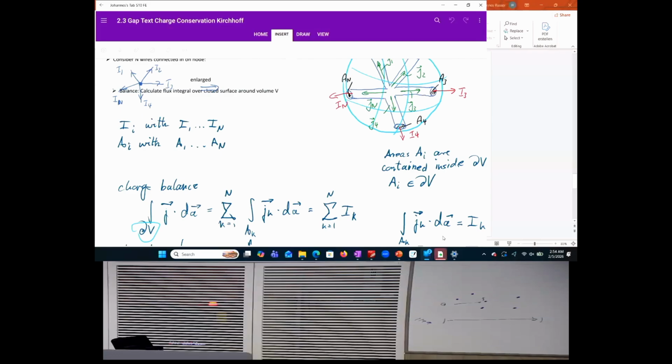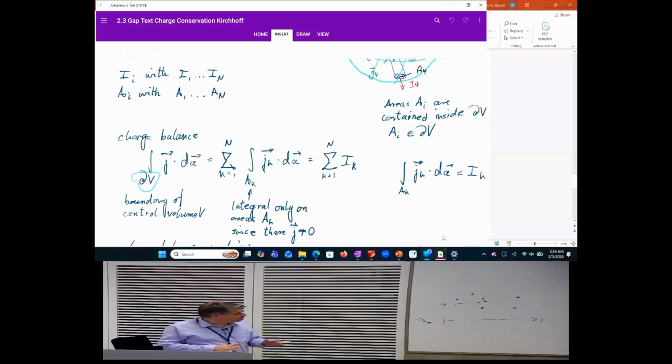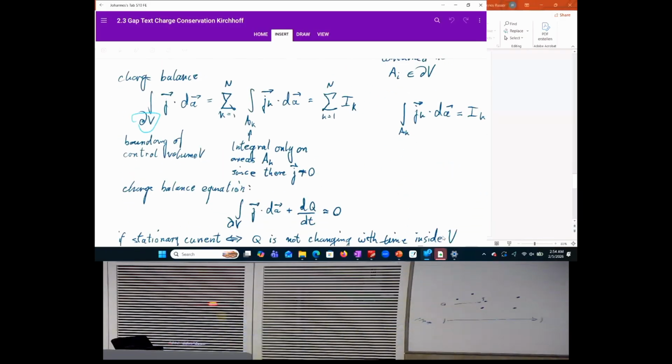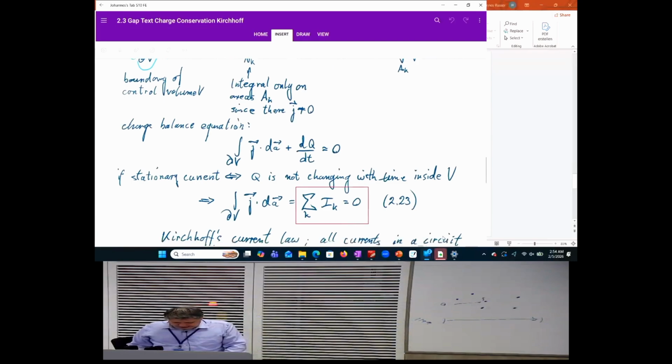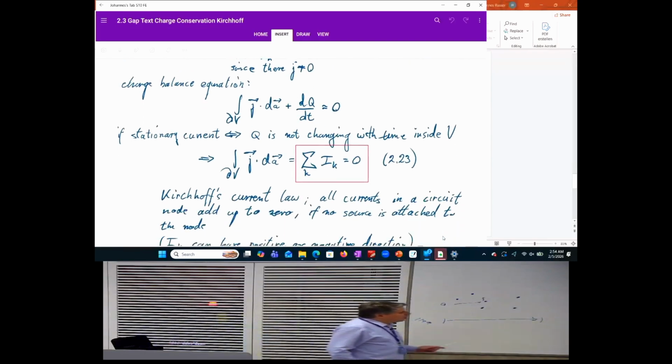These are the n wires from k to N, and everywhere you integrate over the surface of the wire. This, however, is nothing else than a summation of all the currents in the wires. And based on this balance equation, because no charge is being accumulated in this volume, you find that the sum of all these currents turns out to be 0. So this is your Kirchhoff current law.